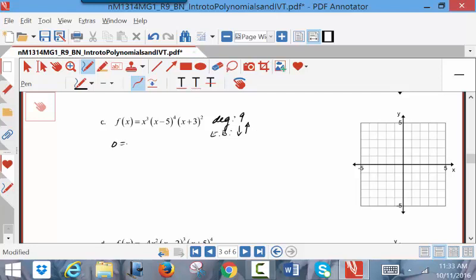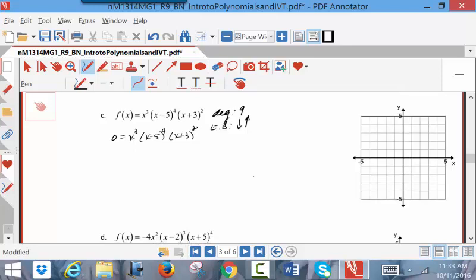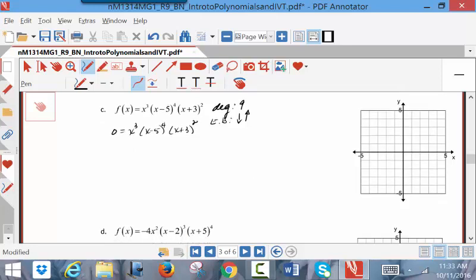To find my zeros or my x-intercepts, I replace the y value or the f of x with 0. A lot of multiplicities on this one. So now I get x equal to 0, x minus 5 equal to 0, and x plus 3 equal to 0.